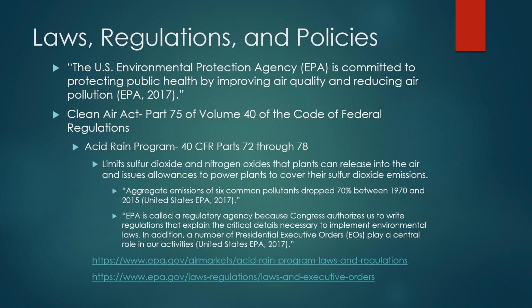And they have an acid rain program, and in this program, they go into these companies and look at how much is being released into the air, and they limit the sulfur dioxide and the nitrogen oxides, and they issue them allowances to cover their sulfur dioxide emissions.